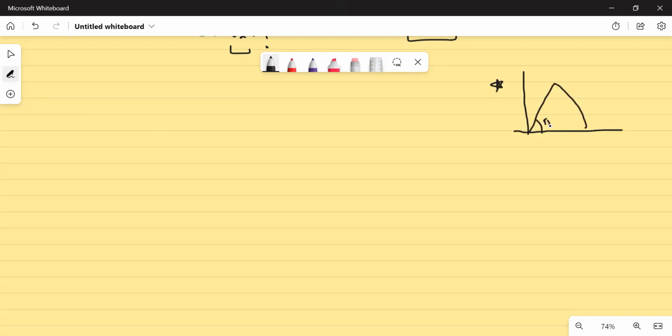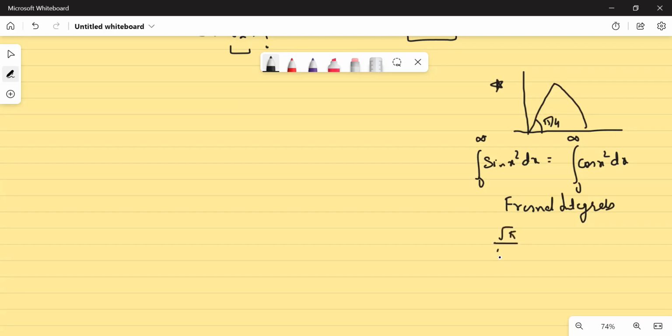So yesterday we were doing some Fresnel integrals, if you remember, and I told them you will encounter these kind of integrals while doing diffraction, Fresnel diffraction theory. So therefore it derives its name called Fresnel integrals. And we found that these values are equal to root over pi upon 2 root 2, if I'm not wrong, you can just see. So these were the topic of discussion yesterday.